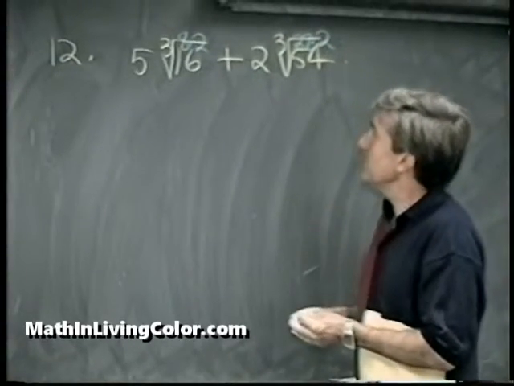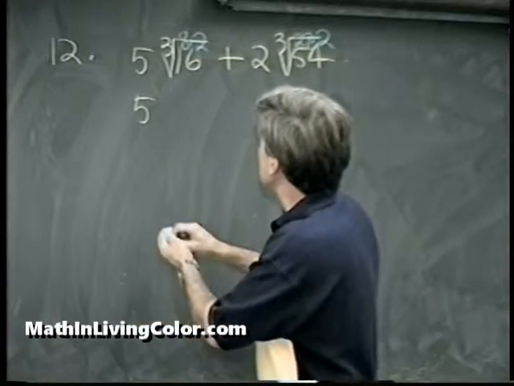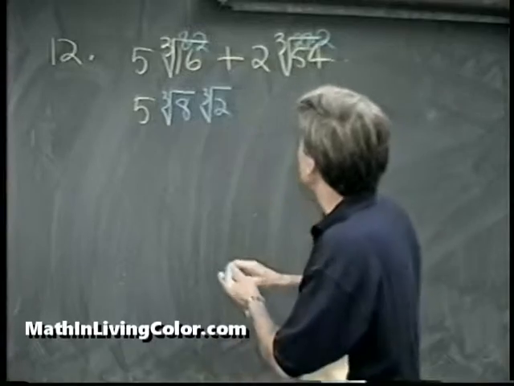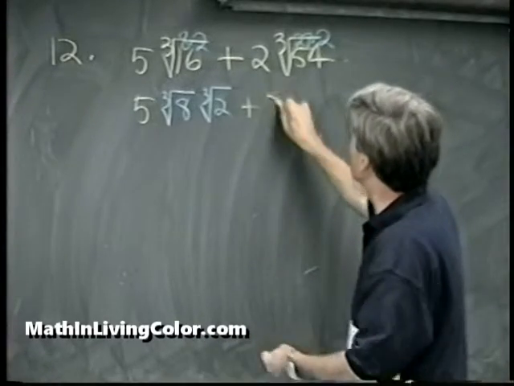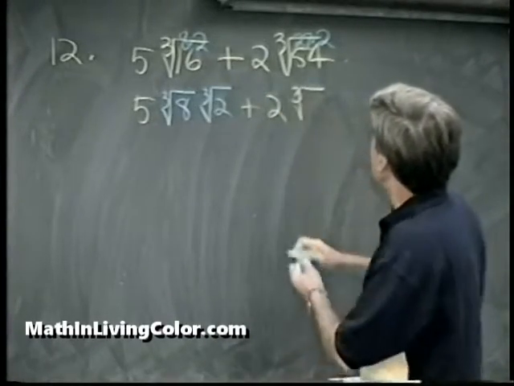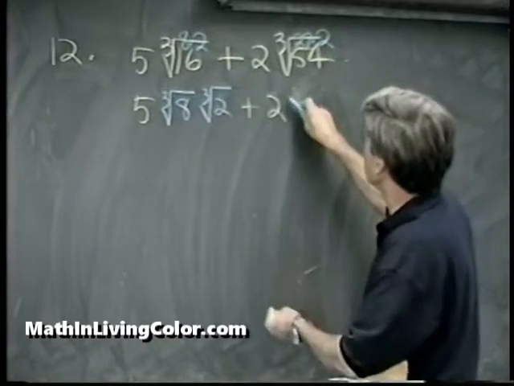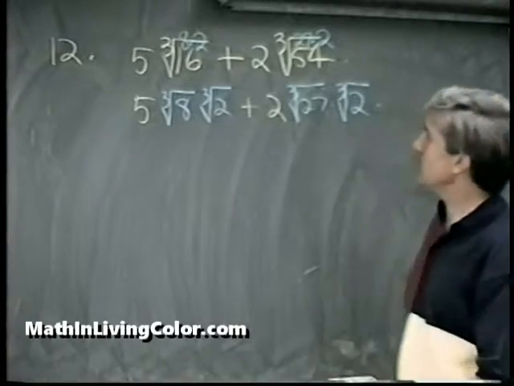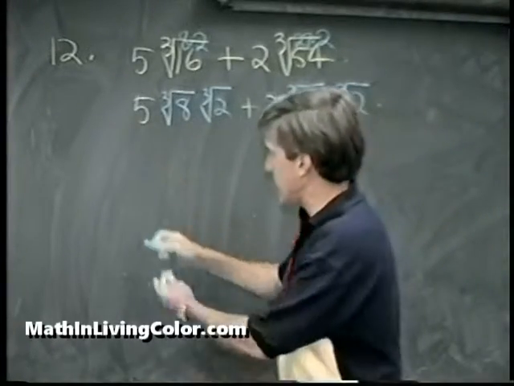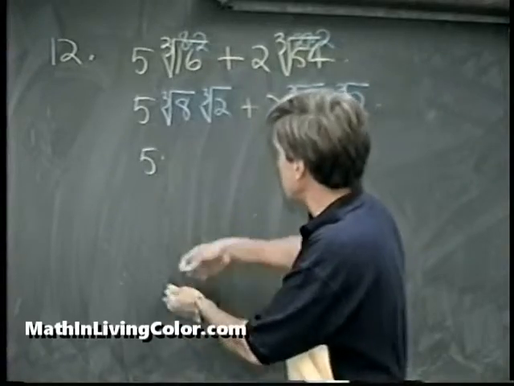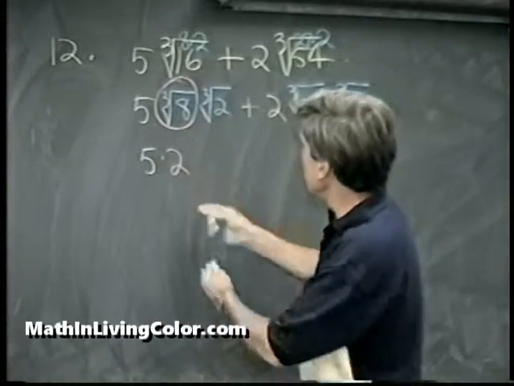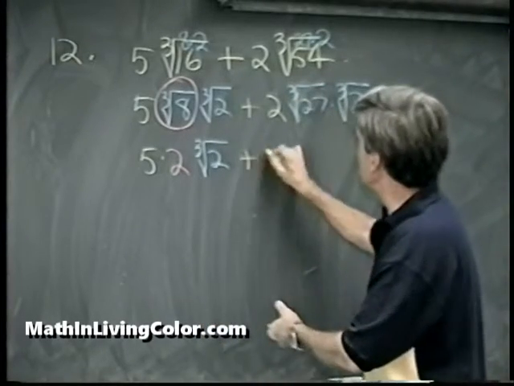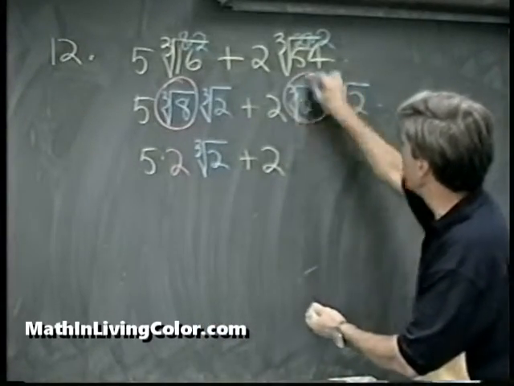You see that? So I can write 5 times the cube root of 8, cube root of 8 times the cube root of 2, and then plus 2 times the cube root of 27 times the cube root of 2, okay? And then that would be 5 times, how much is that? 2, and then times the cube root of 2, plus 2 times, now what's this going to be? 3.